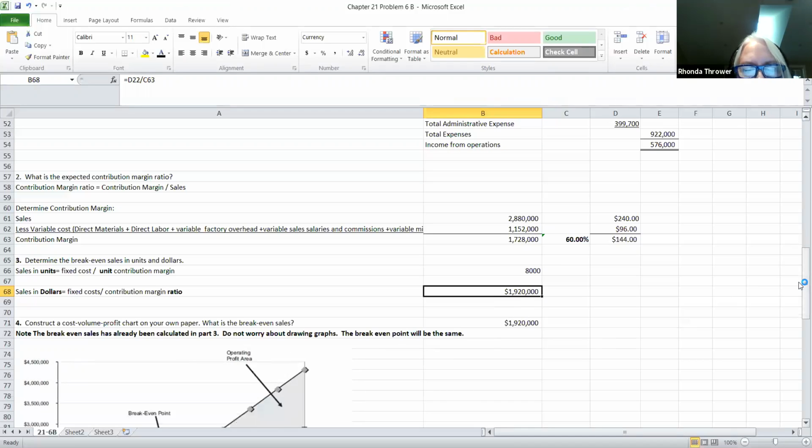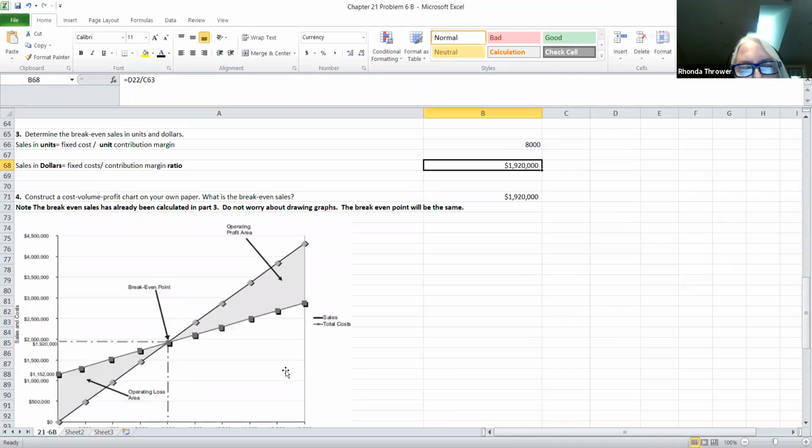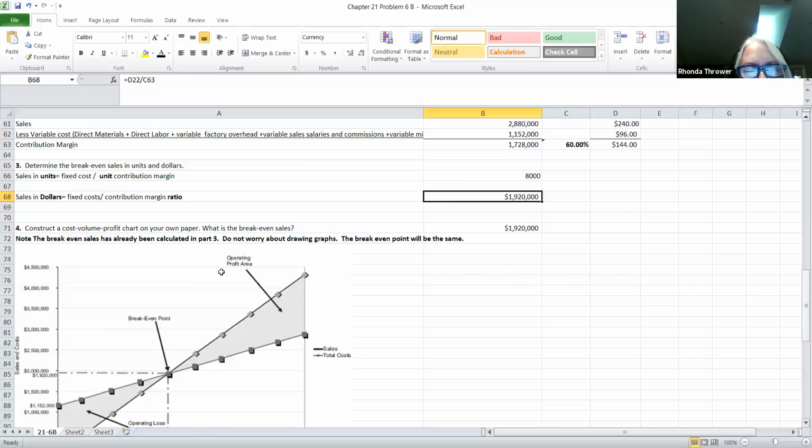It's just a visual representation of the break-even point. And here I've copied a graph in here for you to see how they came up with the break-even point as a graph. But don't worry about making graphs. I'm not going to ask you to do that on the test. You can get the same thing by using the formula.